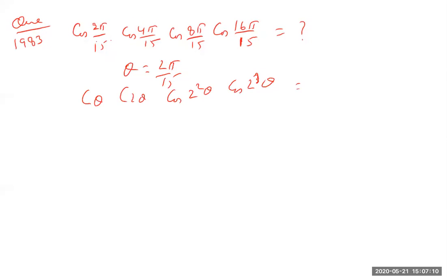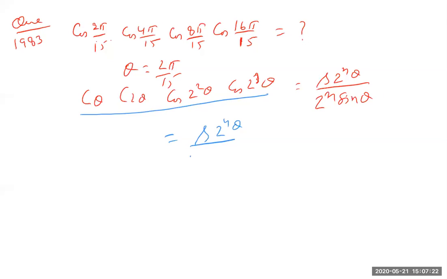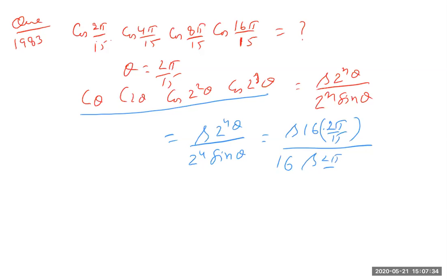This is sin(2 raised to power n theta) upon 2 raised to power n sin theta. This formula will be applied here. Here n is equal to 4, 4 terms are there. So sin(2 raised to power 4 theta) upon 2 raised to power 4 sin theta. That is sin 16 theta, where theta is 2 pi by 15, upon 16 sin 2 pi by 15.